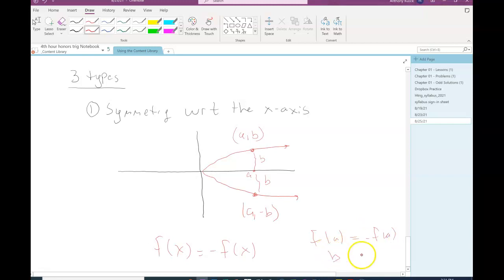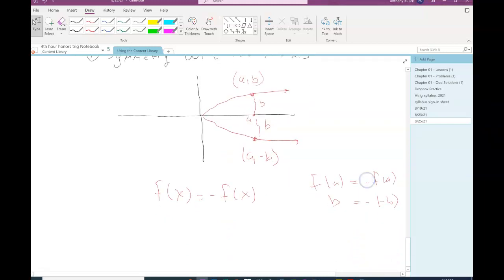So b is equal to negative of negative b, which is what we're seeing, right? But this is the piece that we're going to be really interested in: that if I have some point, if I take the negative of its y-coordinate, that also needs to correspond to a point, right?